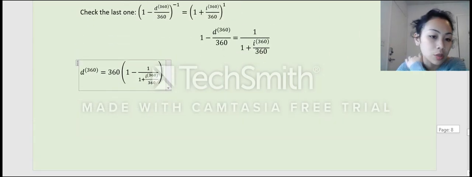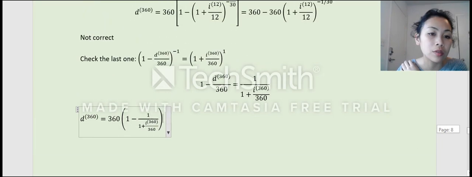So this is the connection between d^(360) and i^(360).